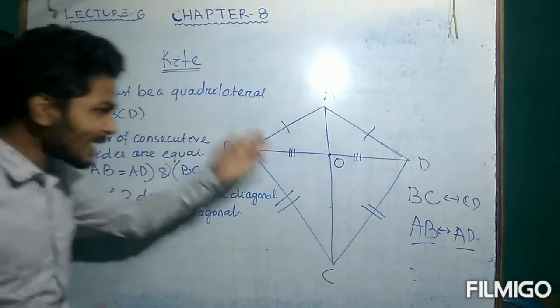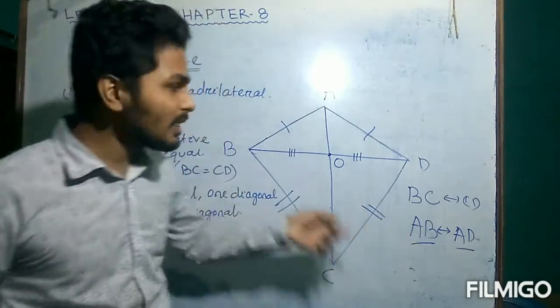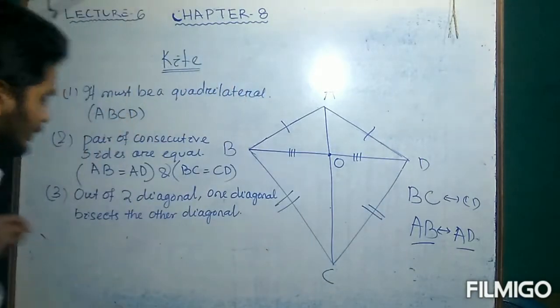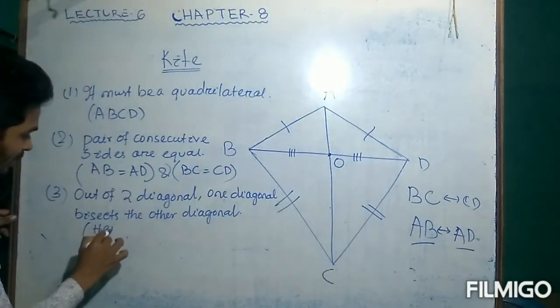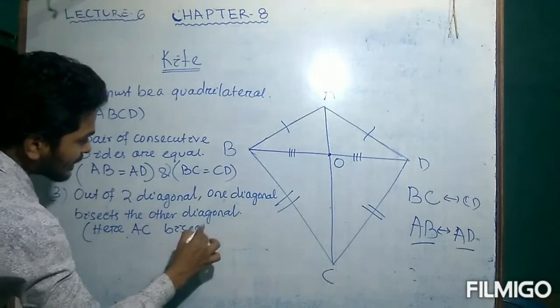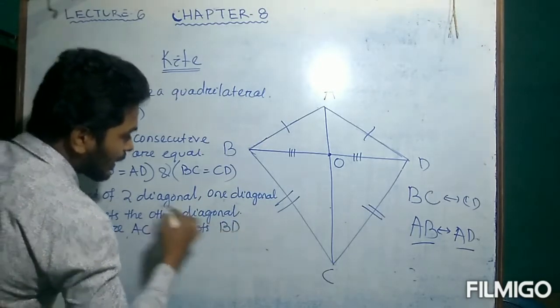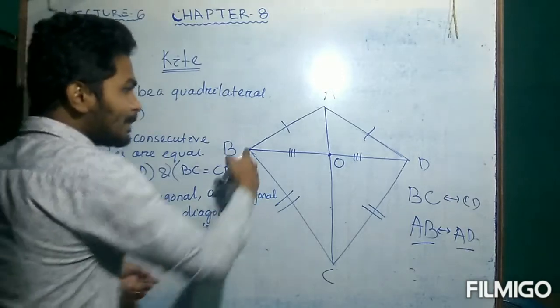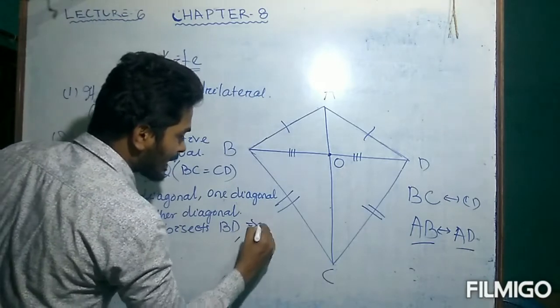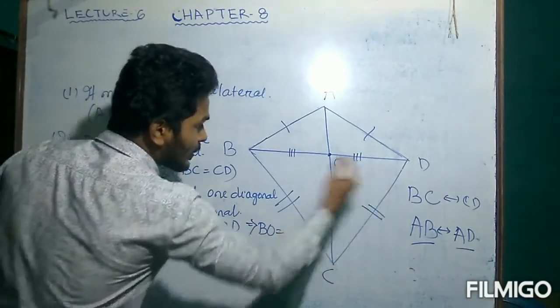So in this case, which diagonal bisects the other? Here, AC bisects BD. Understood? Now, since BD is bisected, this distance is equal to this distance, which implies BO is equal to DO.